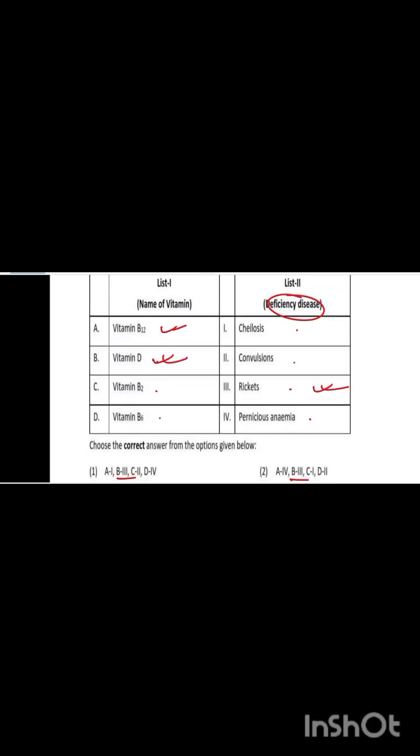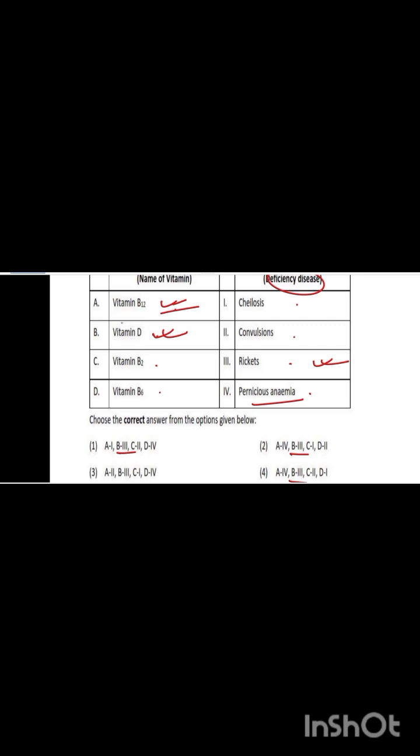So D matches with option 3. Next thing anyone will think of is vitamin B12. B12 is with pernicious anemia. So A matches with option 4.